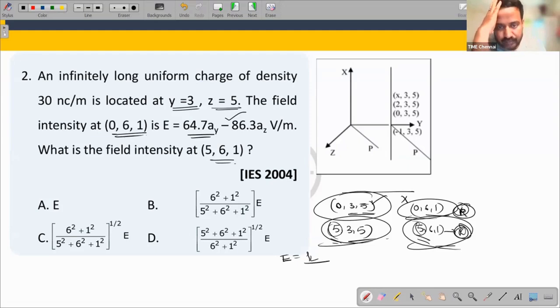It will be rho L by 2 pi epsilon naught R. This is for a line charge. This will be rho L by 2 pi epsilon naught R into AR, or R square into R. This R is going to be the same. As R is going to be the same, the value will be the same. So you will get the same answer again.